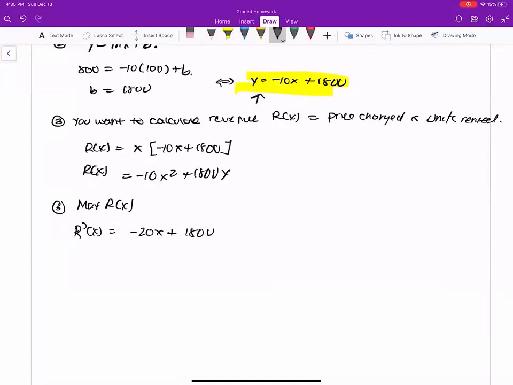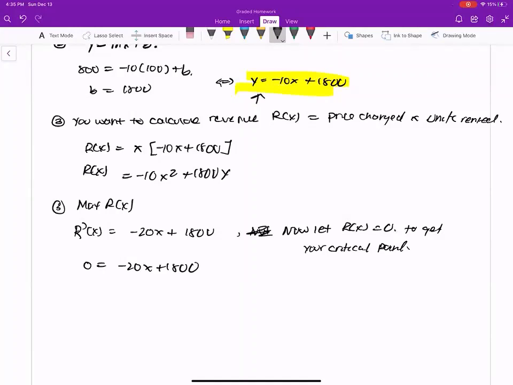Now, in order to get your critical points, you let R prime of x equal 0. So 0 equals negative 20x plus 1800. You isolate for x, and you would get 20x equals 1800. x would indeed be 90.